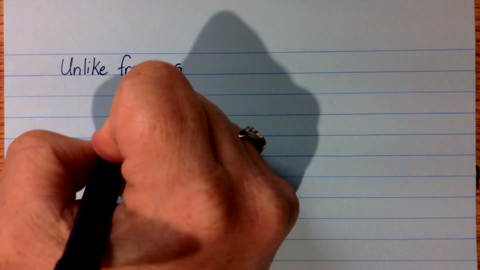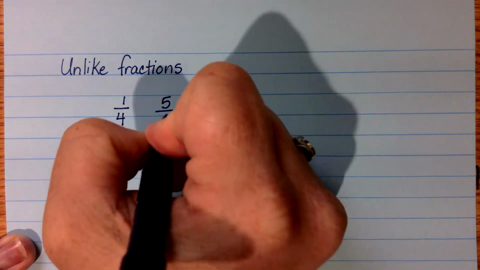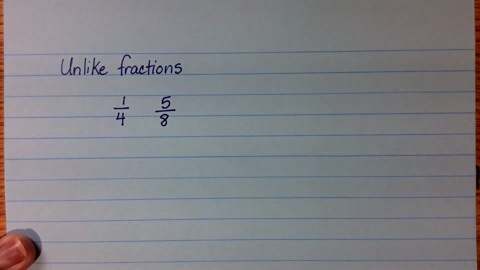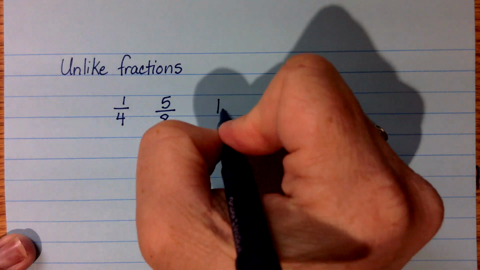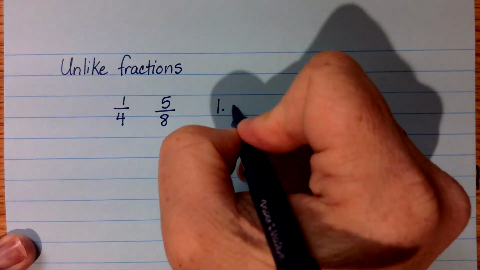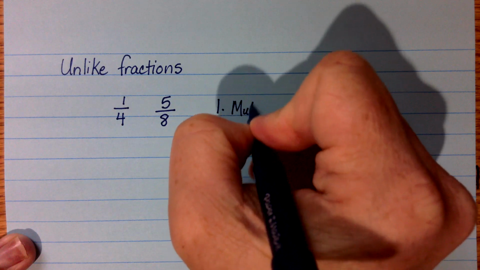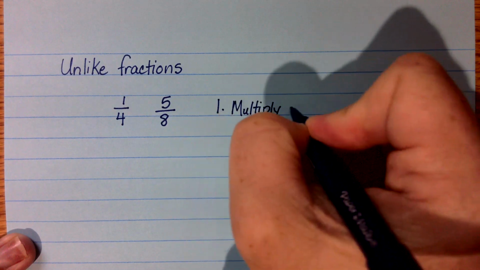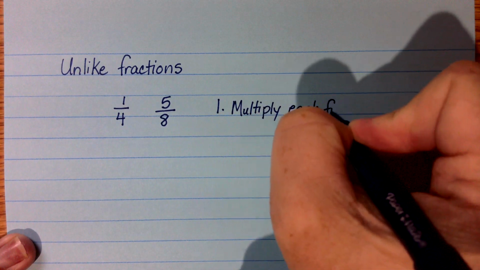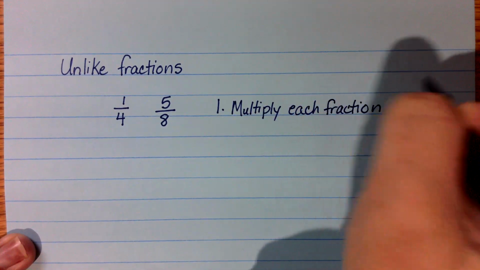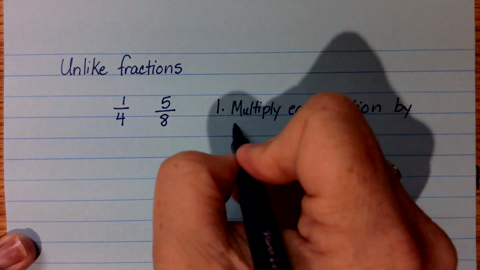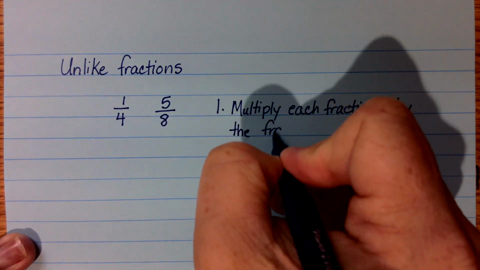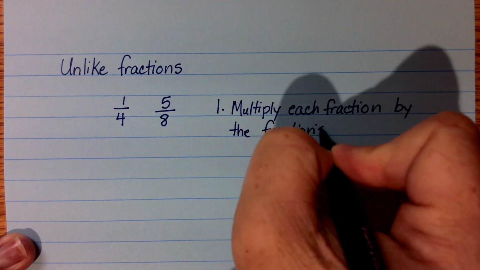We're going to compare 1/4 with 5/8. One of the ways that we can compare unlike fractions is to multiply the denominators. So multiply each fraction by the other fraction's denominator.